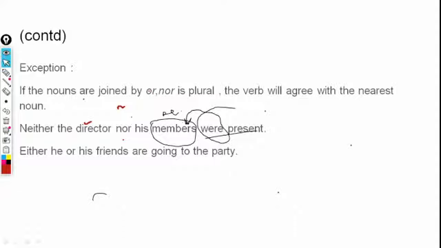Either he or his friends are going to the party. See, friends is plural, and it is also the nearest to the verb. So what will it be? Obviously are going to the party. Right.